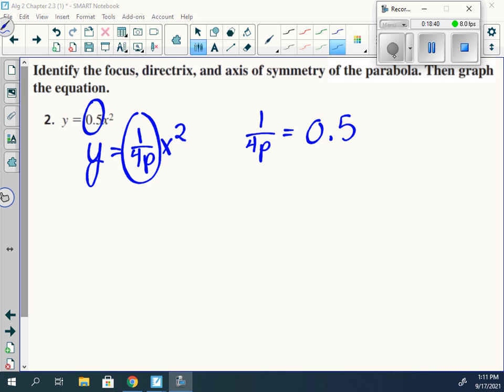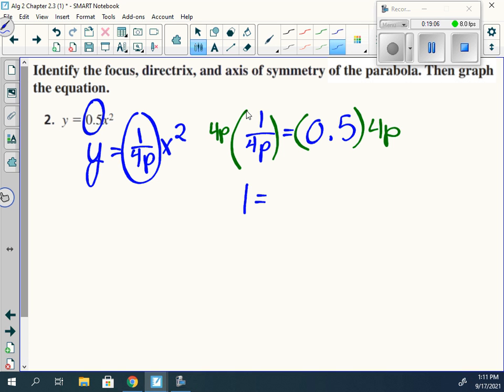So what do you think we should do first? What should we do first to find the value of p? We multiply both sides by 4p, and we do this because 4p times 1 over 4p is 1.